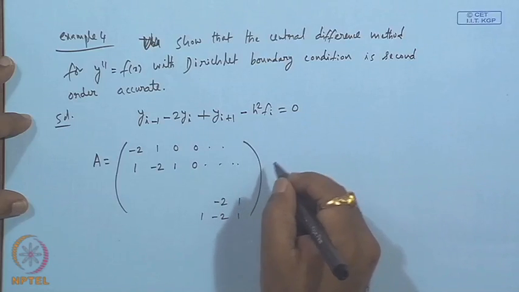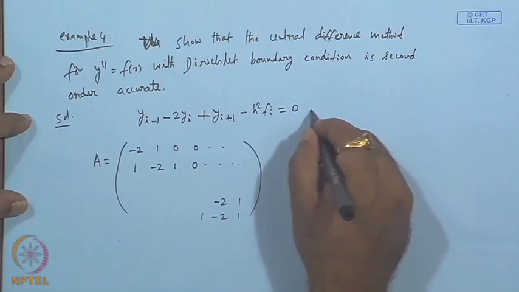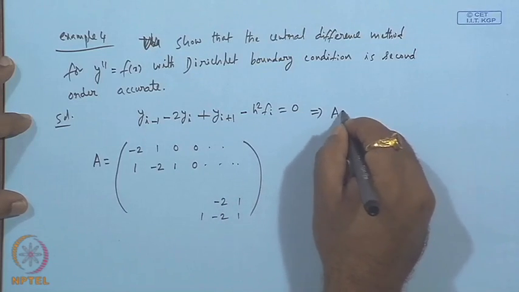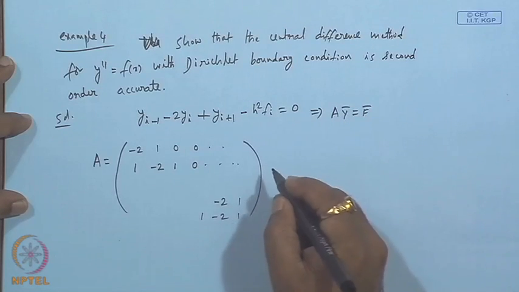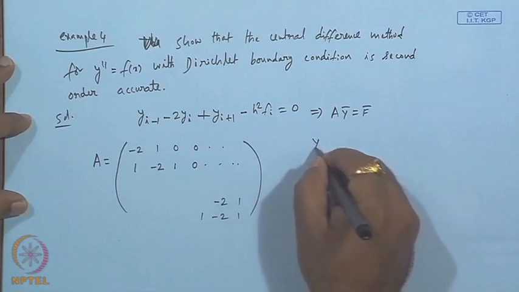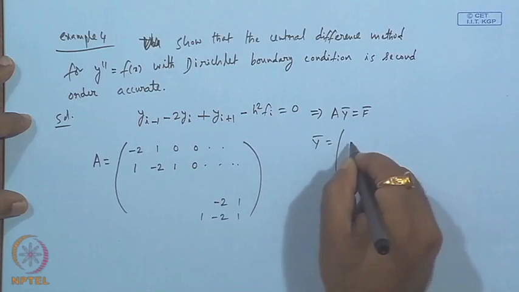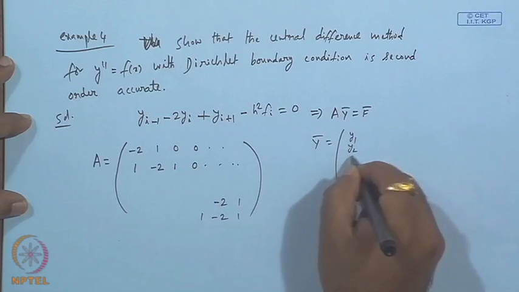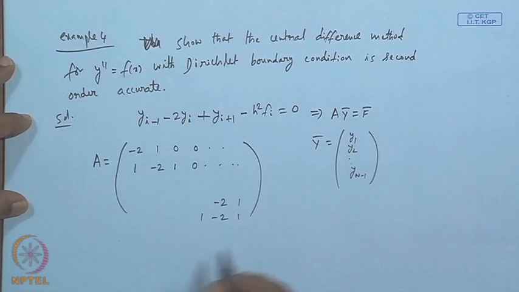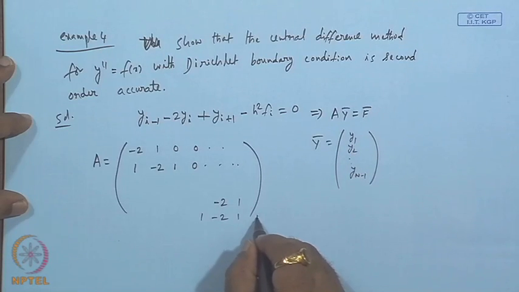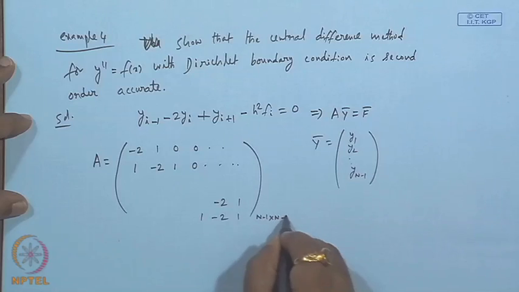So this is our A, and this can be put in the form A y equals b, where this matrix is n minus 1 cross n minus 1.